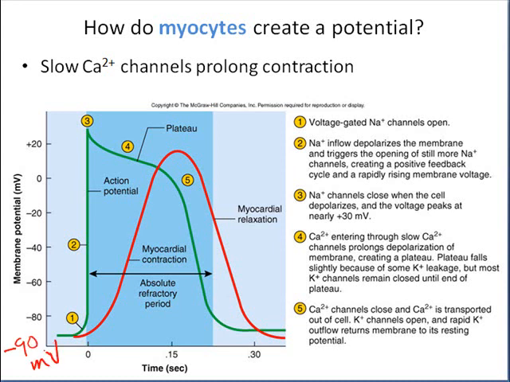And once we get a pacemaker potential generated from those myogenic cells through the process I just talked about on the previous slide, this triggers the opening of voltage-sensitive sodium gates. So just to orient you, we're looking here at the green line, which is the actual generation of the action potential.